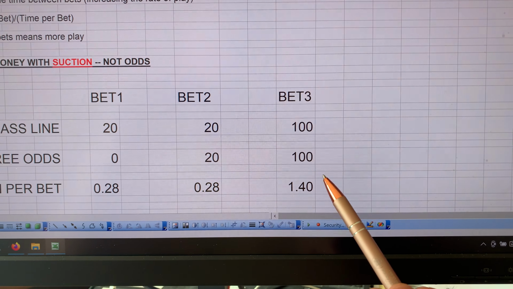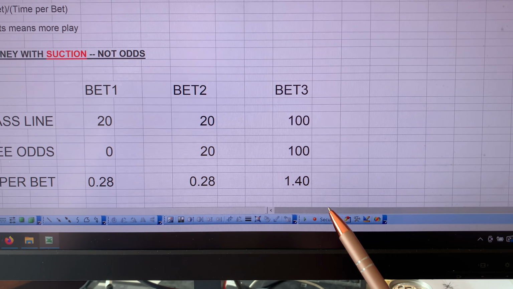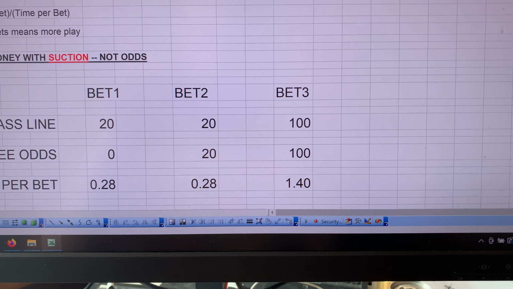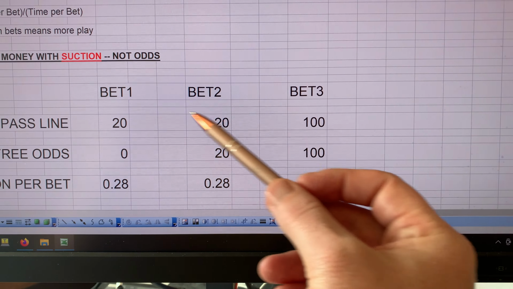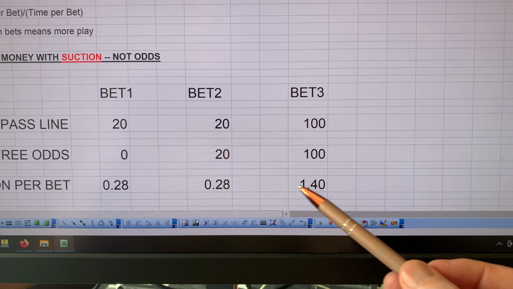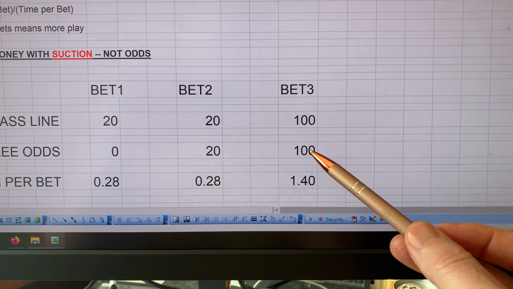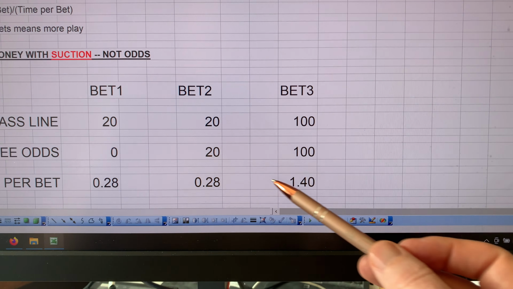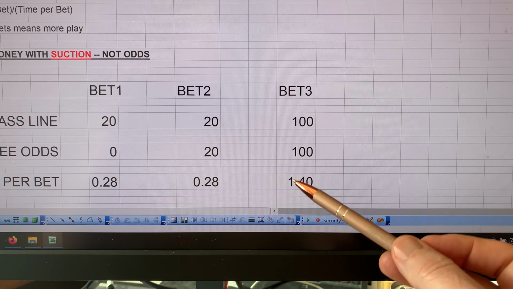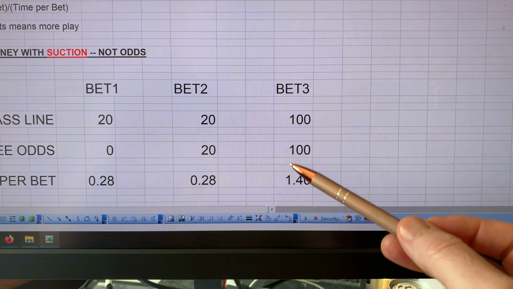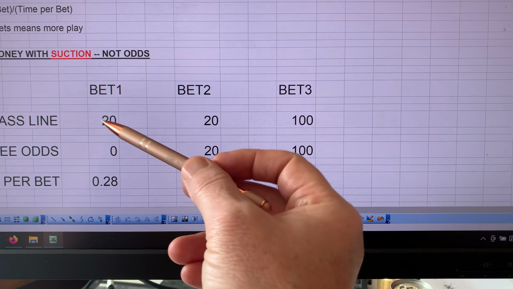It doesn't matter how much free odds you have. You will always lose a percentage of whatever you put on the pass line. The suction will not change. It'll always be a little over 1.4% of whatever you put on the pass line.